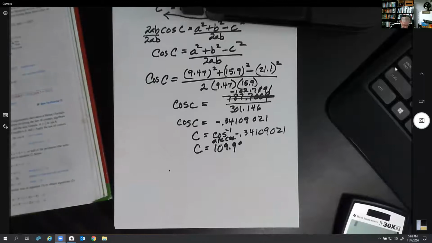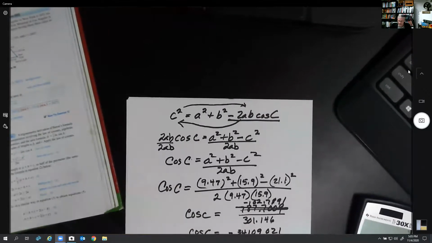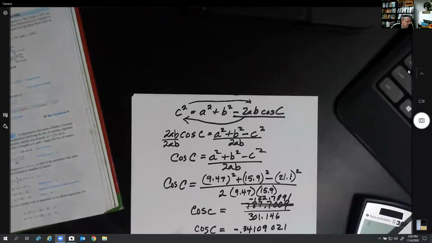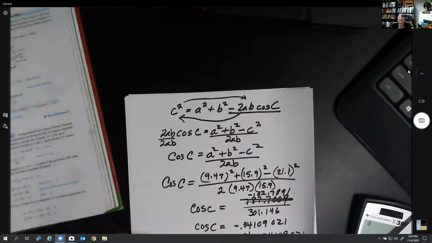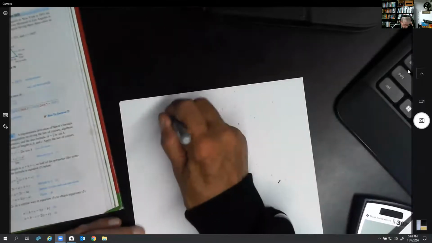Okay, I'm going to give you another thing here. Remember last time, we started off this lesson and I showed you that we found the area. Well, another way to find the area is using a little thing called Heron's formula.